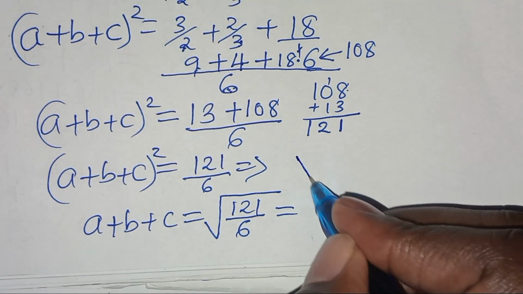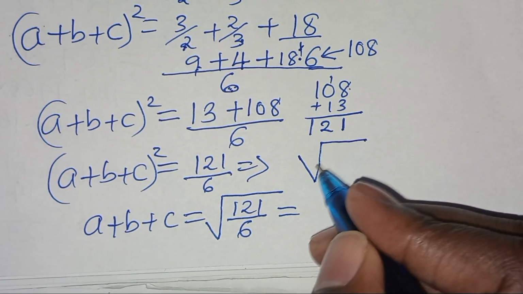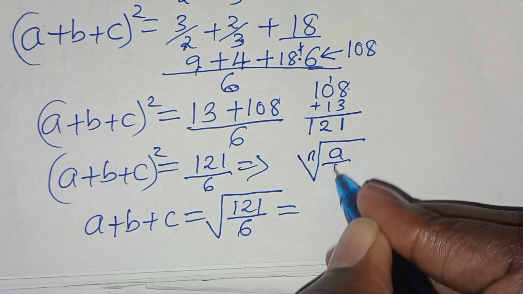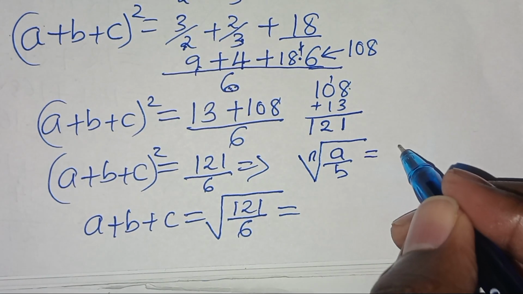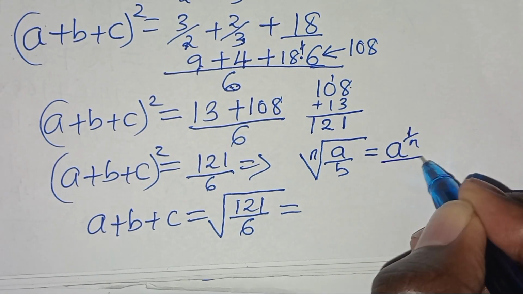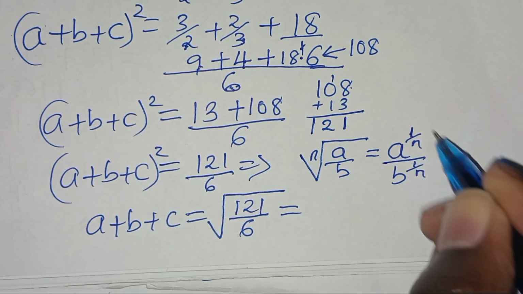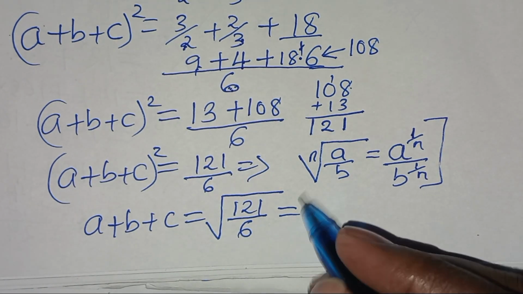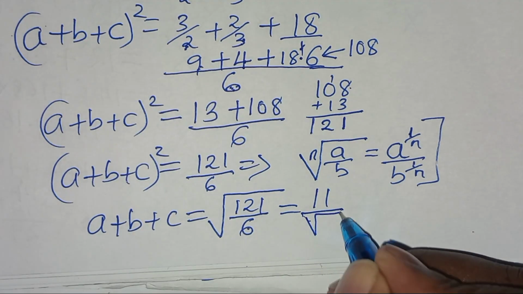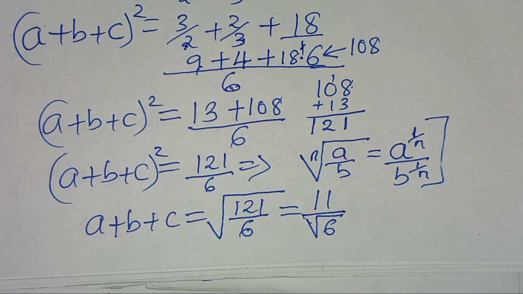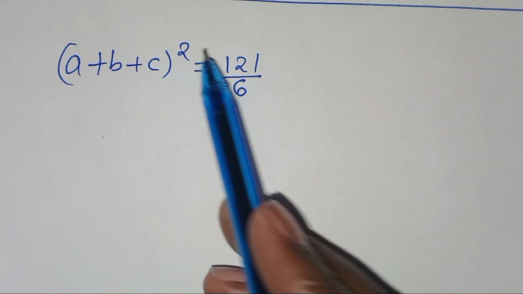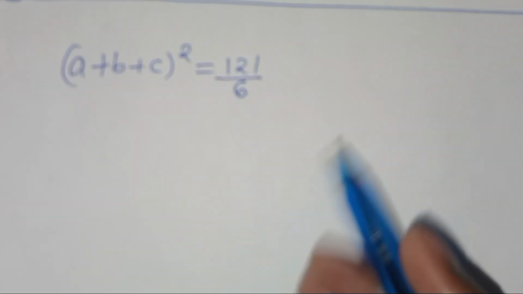And this is in the form of the square root of a over b, which can be expressed as a to the power 1 over n divided by b to the power 1 over n. So here we'll have 11 divided by square root of 6. So here we have a plus b plus c squared equal to 121 over 6.